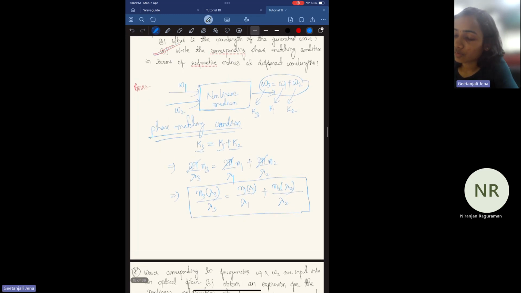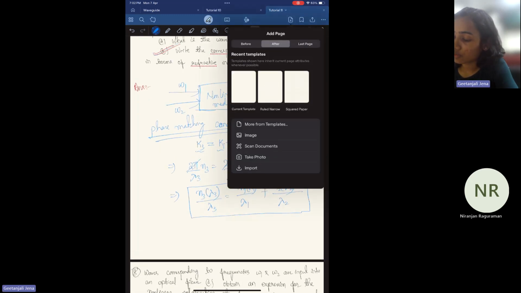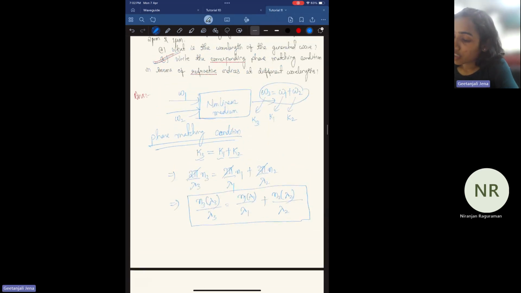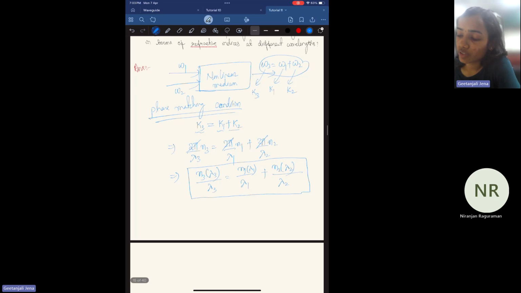This is the general expression for the phase matching condition. So that answers the second part. For the first part, to find the wavelength of the sum frequency generation, the dependence of refractive index on wavelength is not given here. So we can assume there is no dependence of refractive index on wavelength for the time being. If it is given in the question, we can consider that.